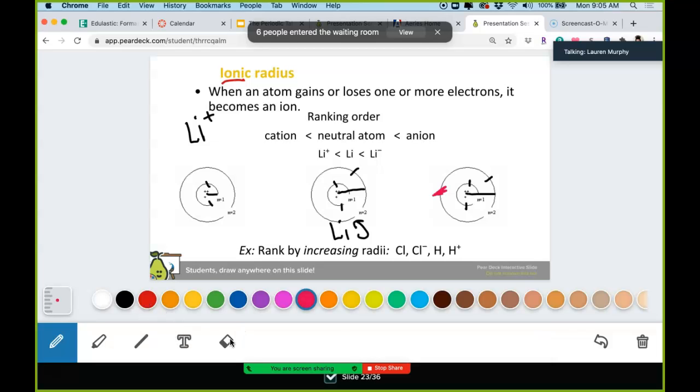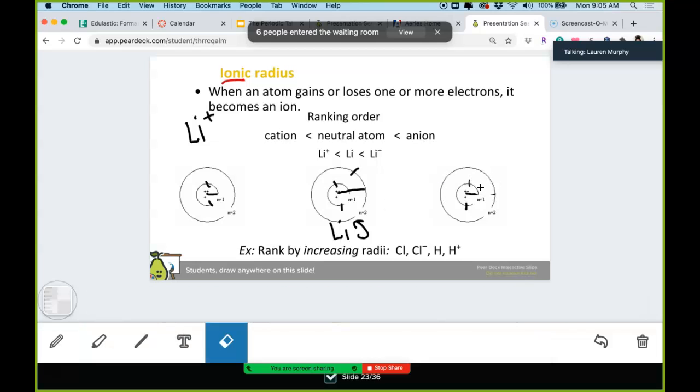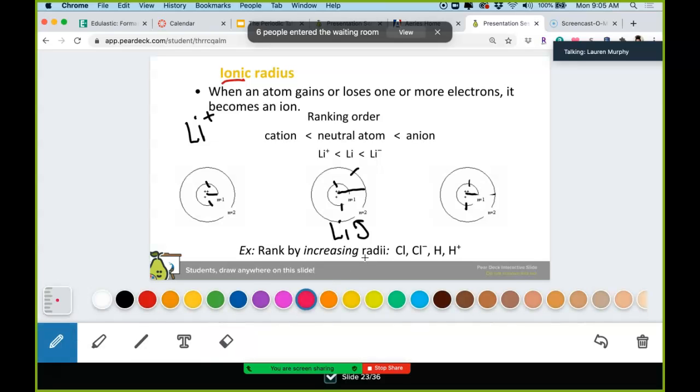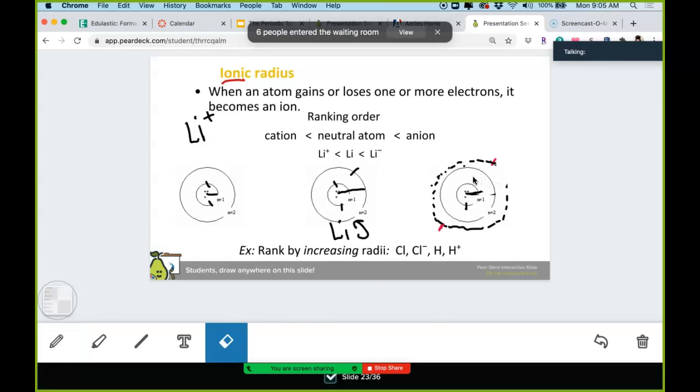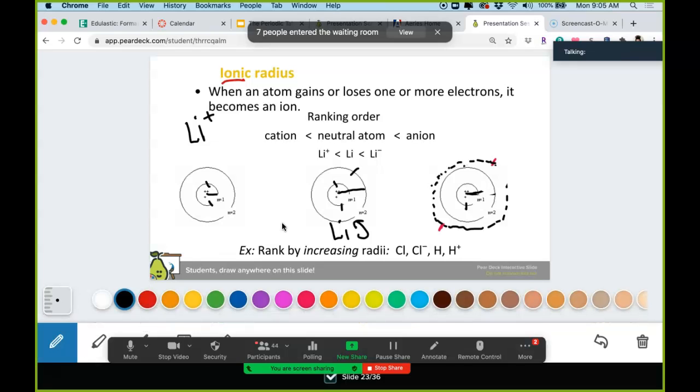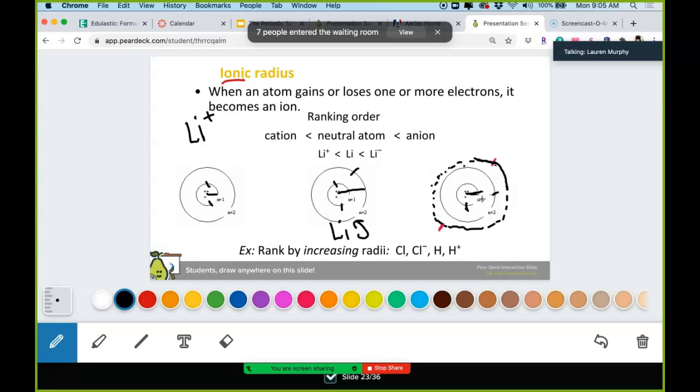That means they're going to spread out a little bit more, which causes the radius to increase. Because electrons repel other electrons, my radius is now this big.